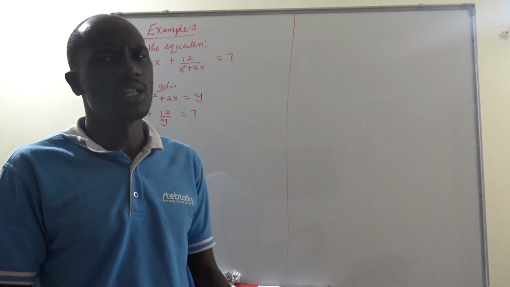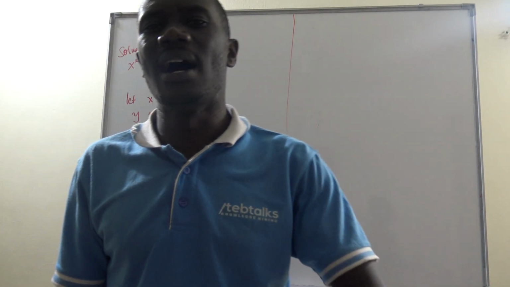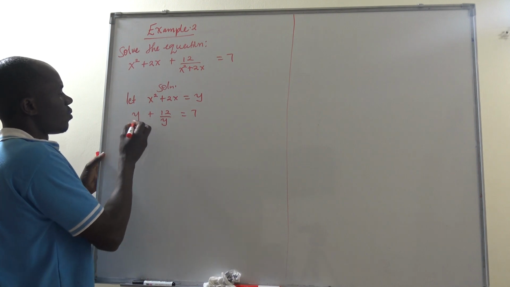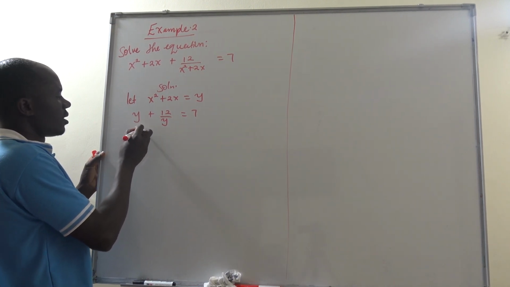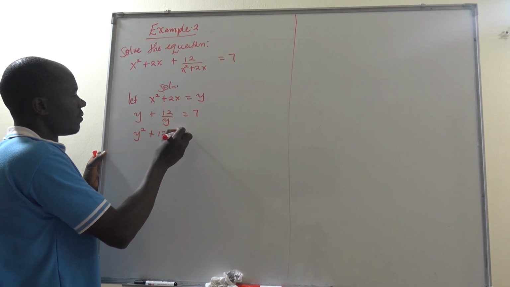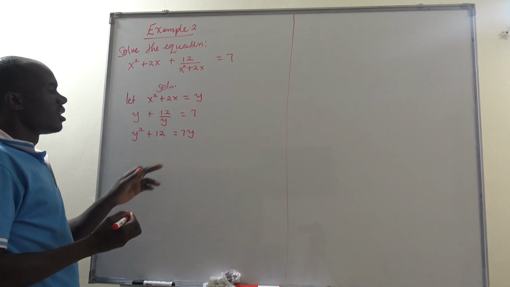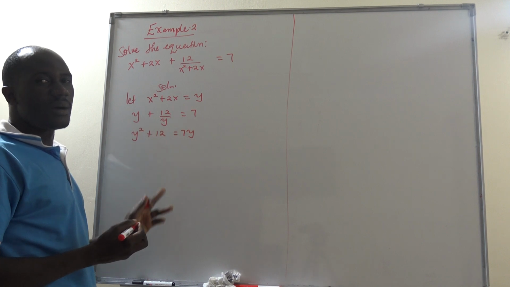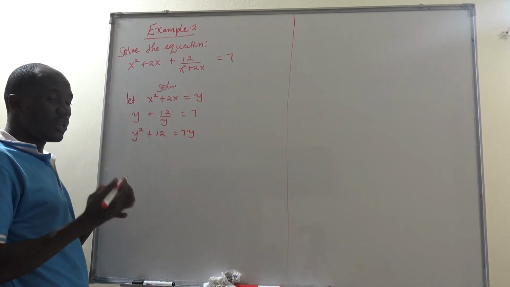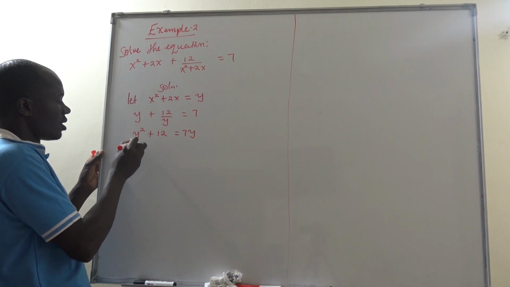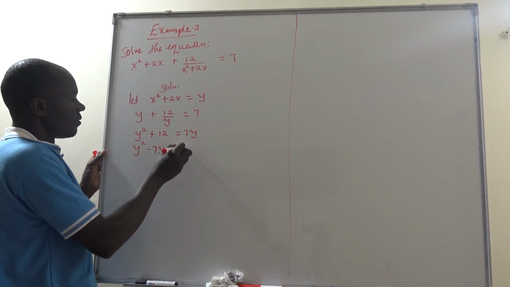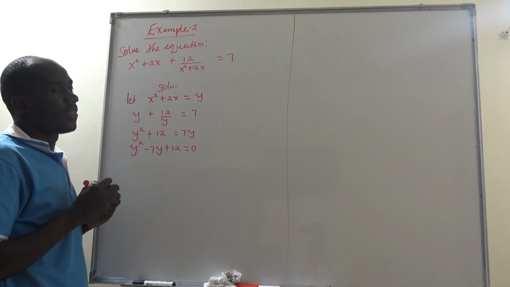So multiply throughout by y on every term. y times y gives y squared, plus 12 equals 7y. This one is positive, and when it comes to this side, it becomes negative. We rearrange it well: y squared minus 7y plus 12 equals 0.